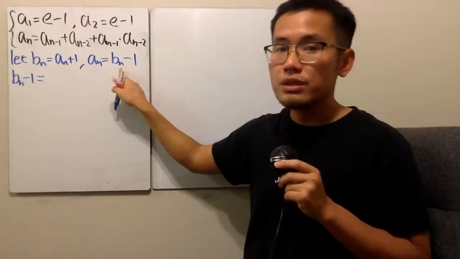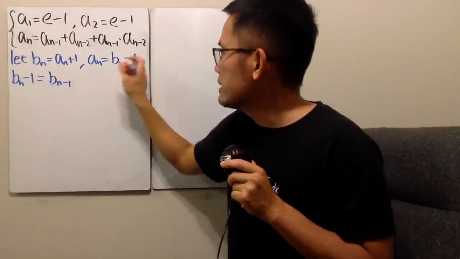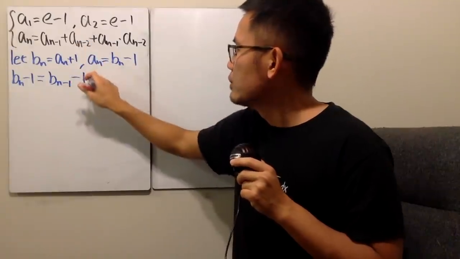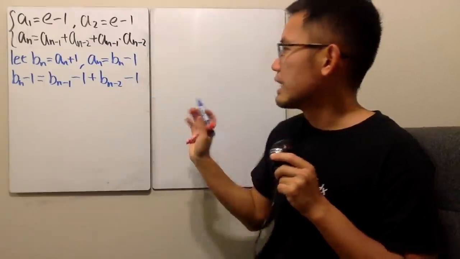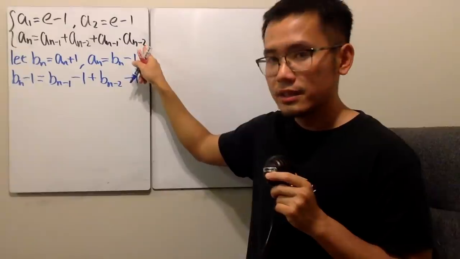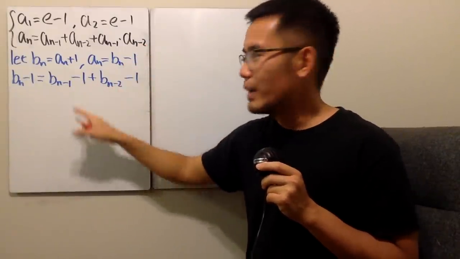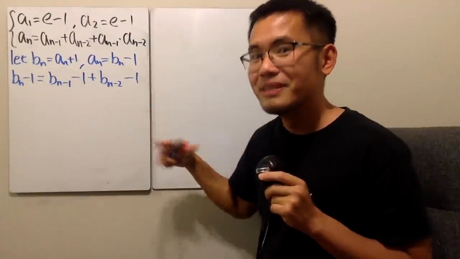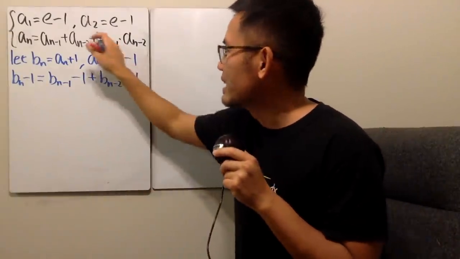You just have to put the subscript right here, which we get b sub n minus 1 and then minus 1. And then you do the same thing, so plus b sub n minus 2, and then we have the minus 1 after that. Yep, so far so good. Well, now the interesting thing is that right here, we will have to do this times that, and we have the negative. They will help us to cancel this and that. Very good.